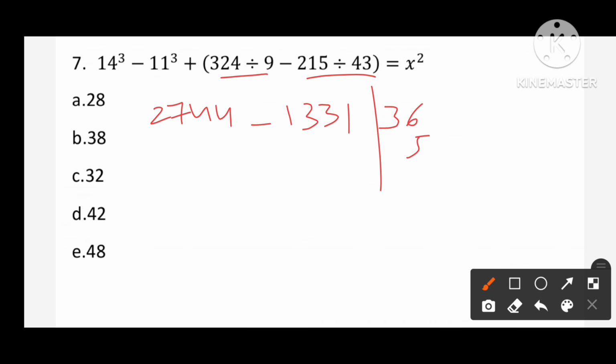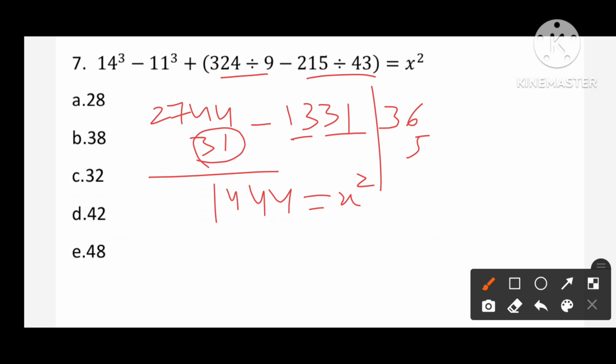So we are left with 31, positive 31. So this 31 and this 31 cancel. We are left with 4. 27 minus 13. 27 minus 13 means 1444. We got 1444 equals x square. X value will be 38. Option B is our answer.